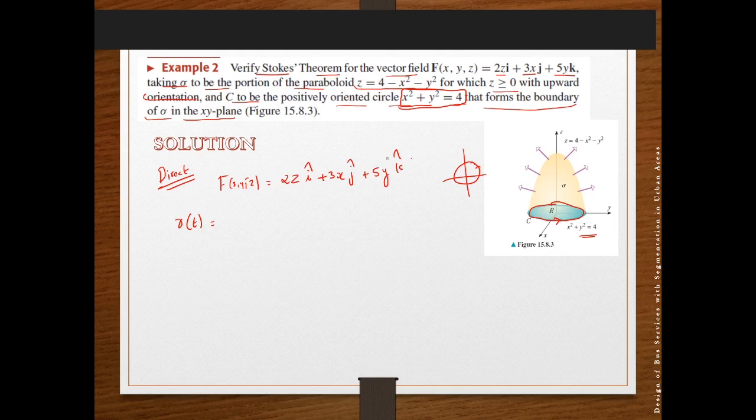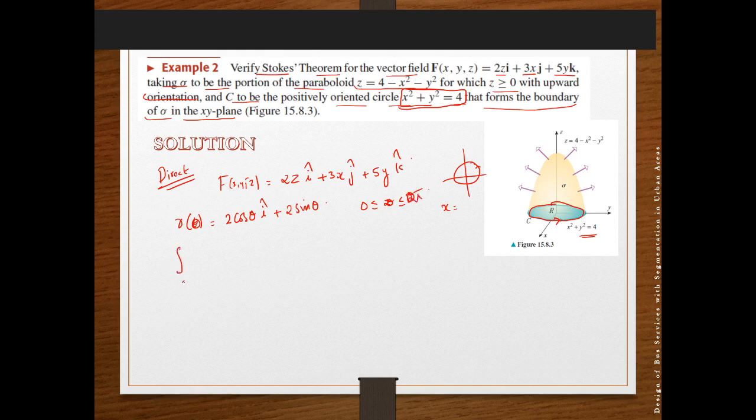How to parameterize? x equals R cos theta, where R is 2. So our x term is 2 cos theta i, and the y term is 2 sin theta j, and theta ranges from 0 to 2 pi.